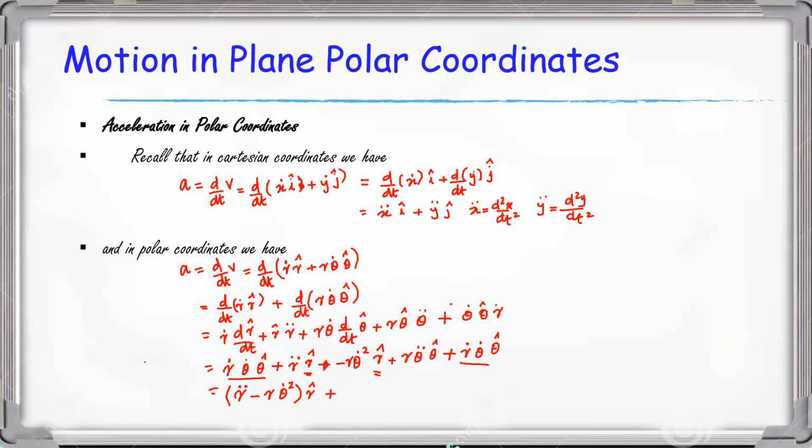Combining into two, the component is r theta double dot plus 2 r dot theta dot theta cap. So it is the acceleration.